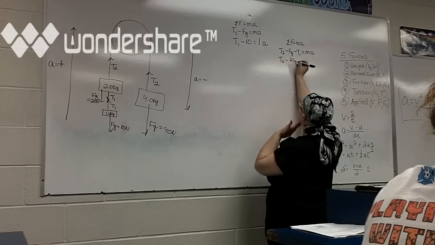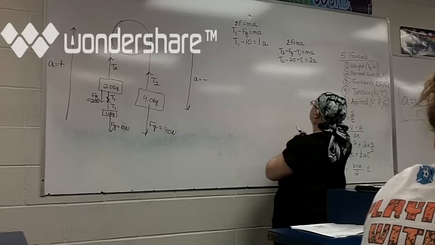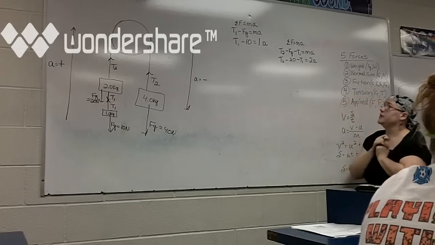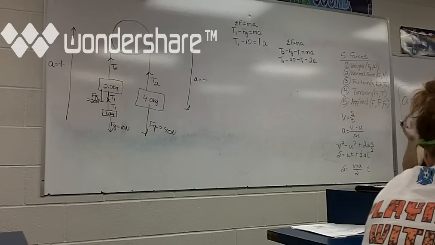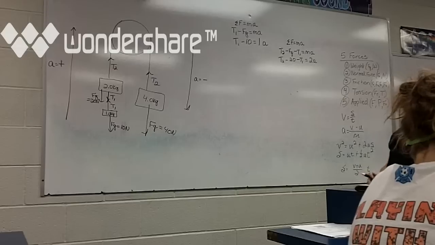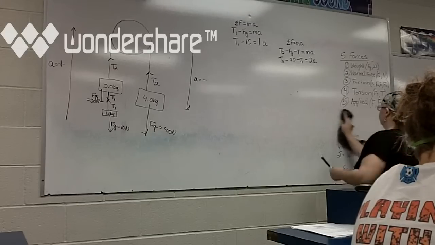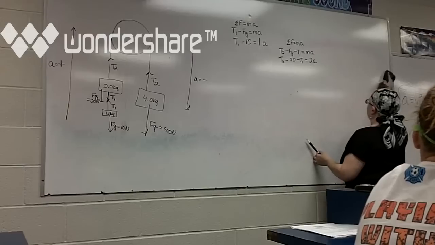We know the weight, we know the mass, but we don't know the acceleration. So T2 minus 20 minus T1 is equal to 2A. I don't know T2, I don't know T1, and I don't know A. And of course, when you run out of board space, you have to erase something.